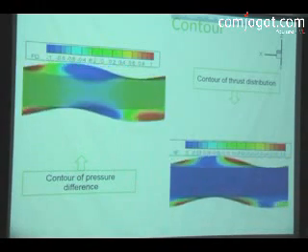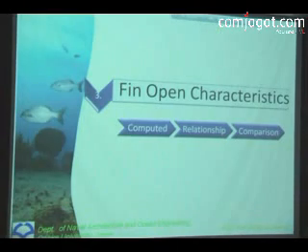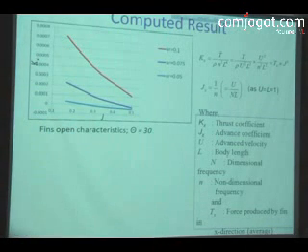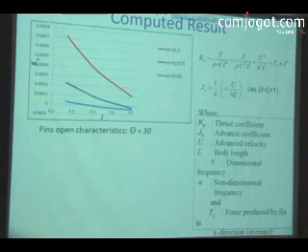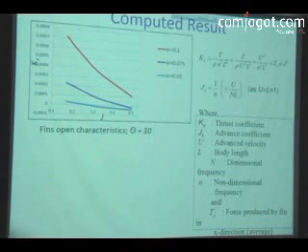Now let me point out the fin open water characteristics. We also find KX, that is the thrust coefficient versus the advance coefficient, similar to a propeller chart. This is the figure for the aspect ratio and maximum fin angle of 30 degrees.